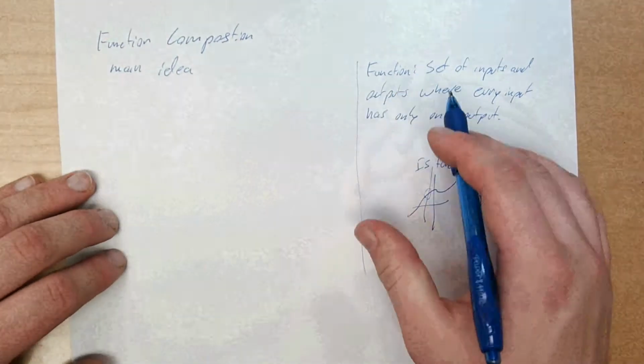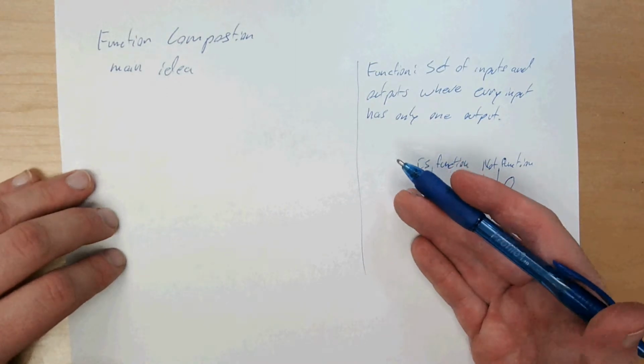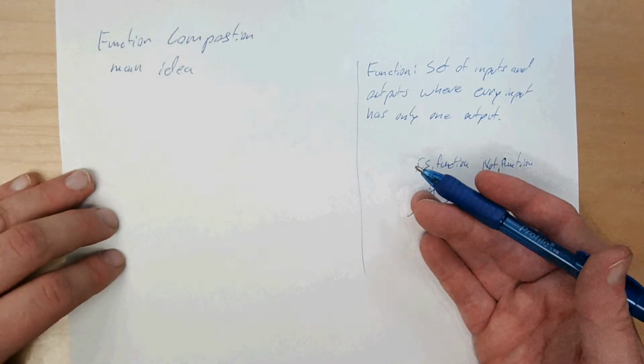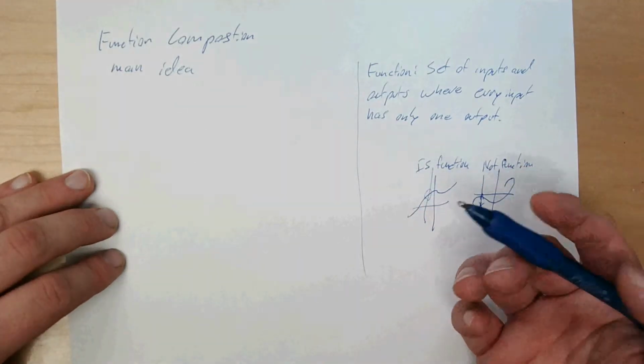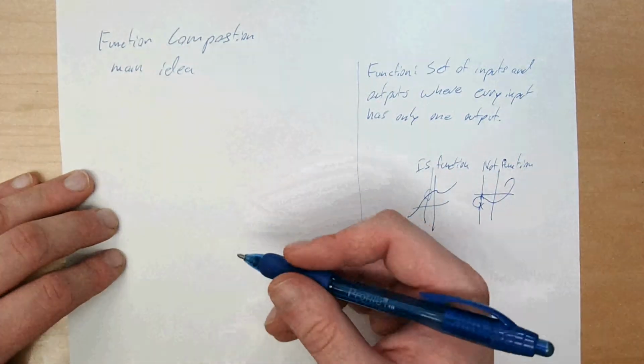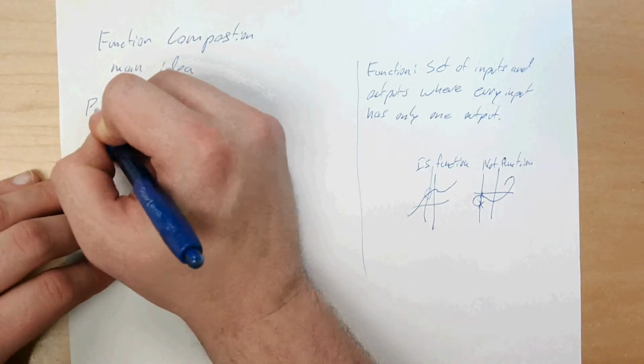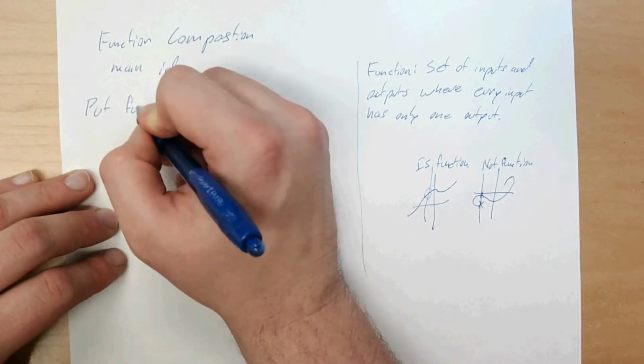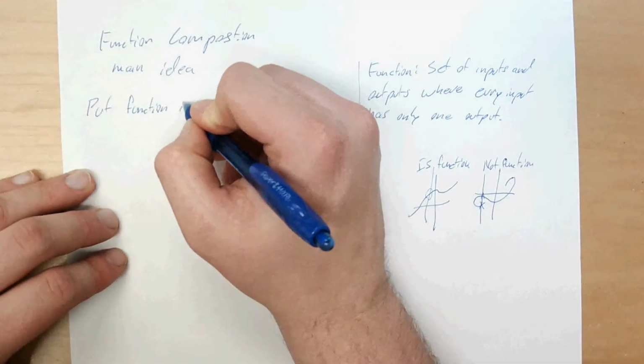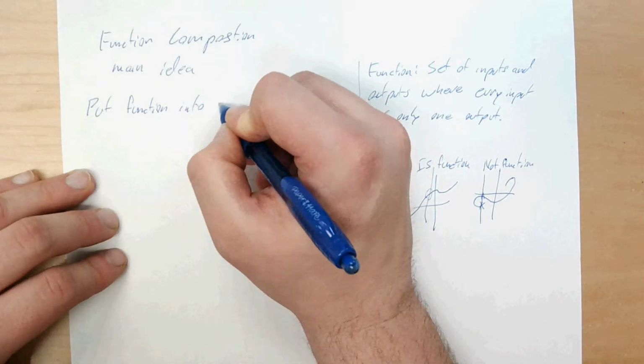But function composition is a new idea. It's not something we can do with numbers, like I said yesterday. It's something unique to functions. And the big thing with functions is they have inputs. So instead of just putting a number in a function, we can put a function into another function.